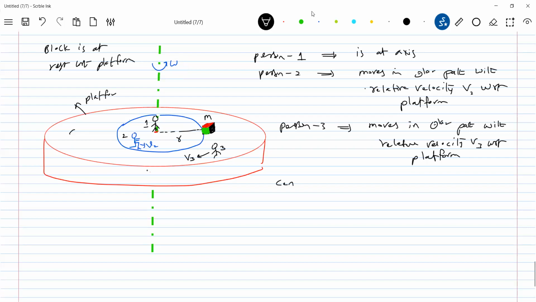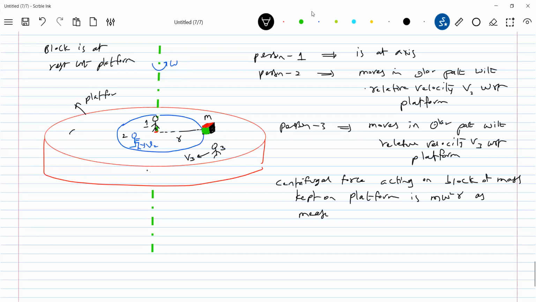So the centrifugal force acting on a block of mass m kept on the platform is m omega square r, as measured by person 1, person 2 and person 3.